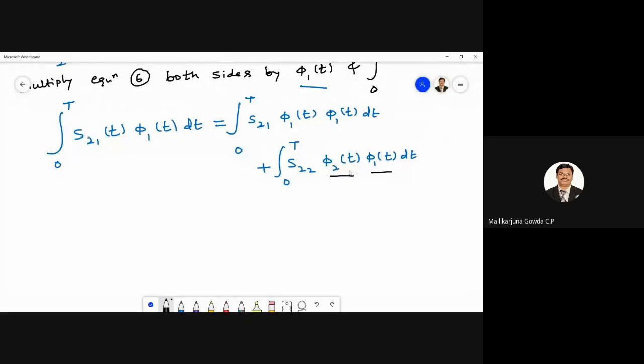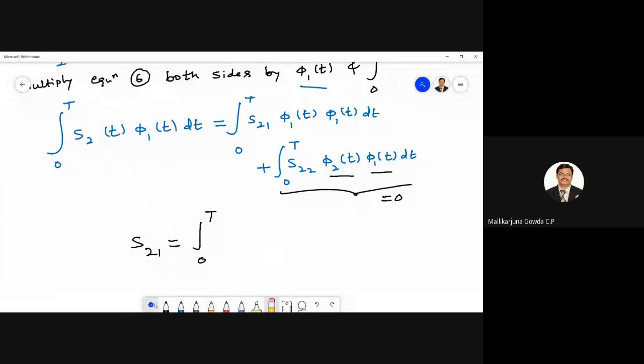Very good. Then here pi 1 of t into pi 1 of t, so the integral 0 to t of pi 1 square of t into dt is equal to 1. Here I wrote S21, but that is not correct.